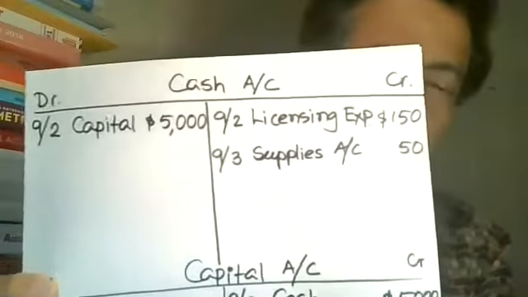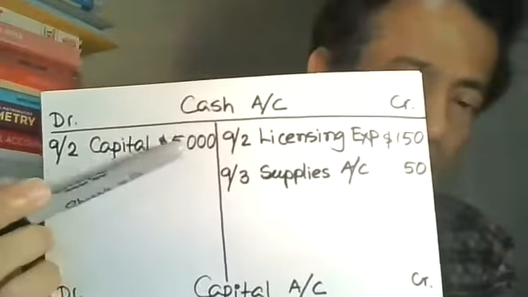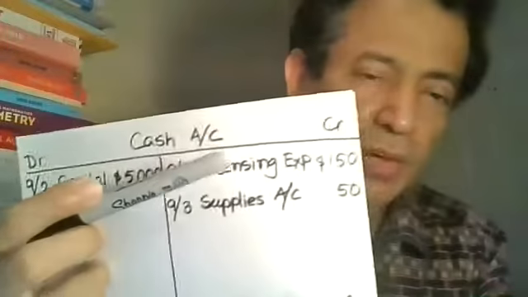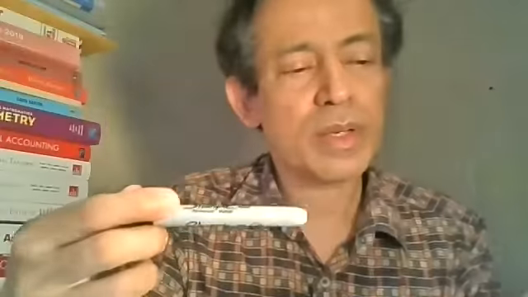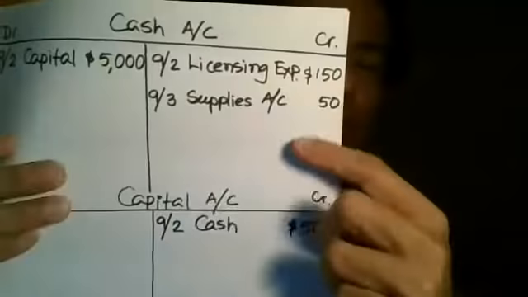In my cash account, I can see $5,000 on the debit side and only $150 plus $50, so $200, on the credit side. So my debit total is $5,000. The bigger one you enter first, so I have $5,000 here as the total.